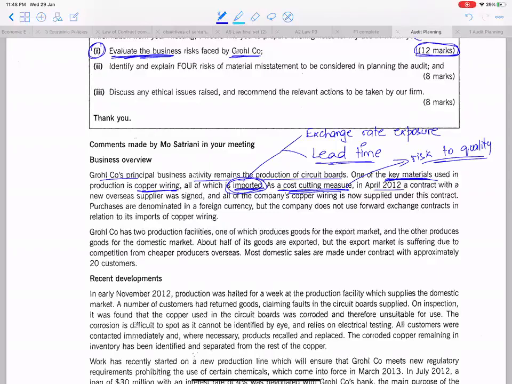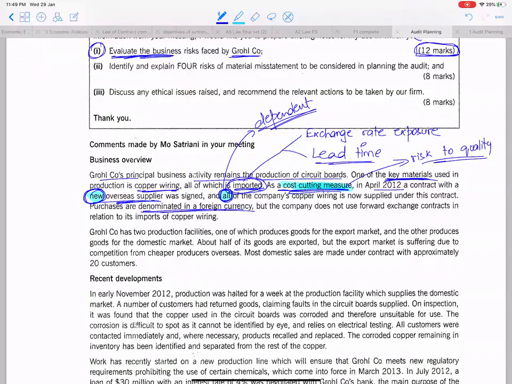In April 2012, a contract with a new overseas supplier was signed, and all of the copper wiring is now supplied under this contract. So there is a cost-cutting measure, which is a risk to quality. There is a new supplier. There is all of the wiring. When you say all of the wiring, this is dangerous because you are getting dependent. Okay?